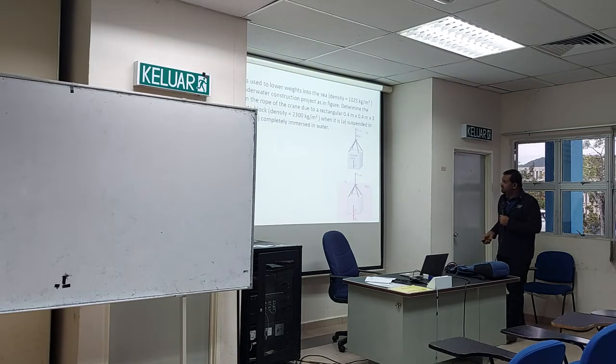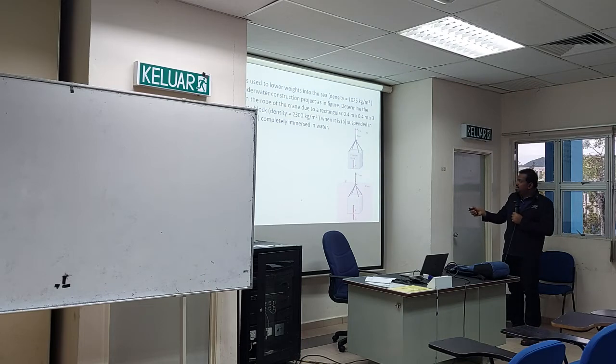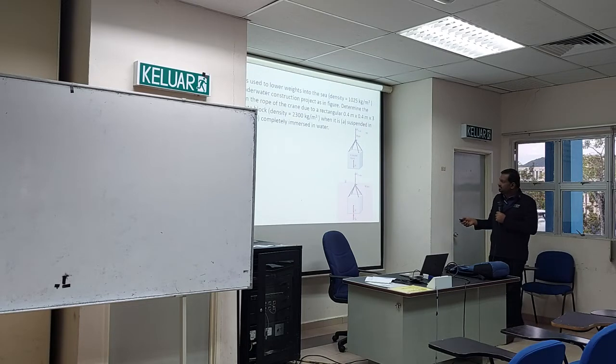Okay, so this is some calculation. This part has calculation. You have two scenarios. You have a concrete block tied with a rope. This is something you learn in applied mechanics.